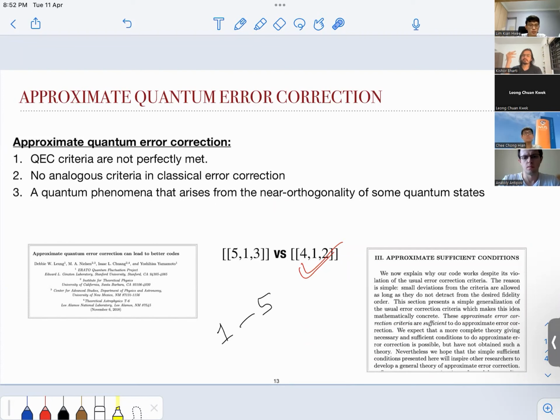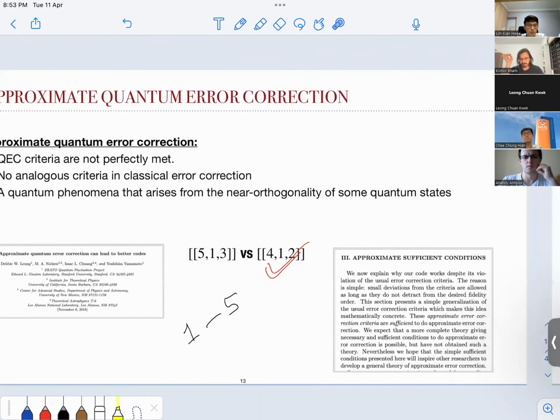These questions will be very relevant in the coming years, and not much research has been done. Research has been done, but I think there is a lot of room here for understanding approximate quantum error correction. Okay, very nice.